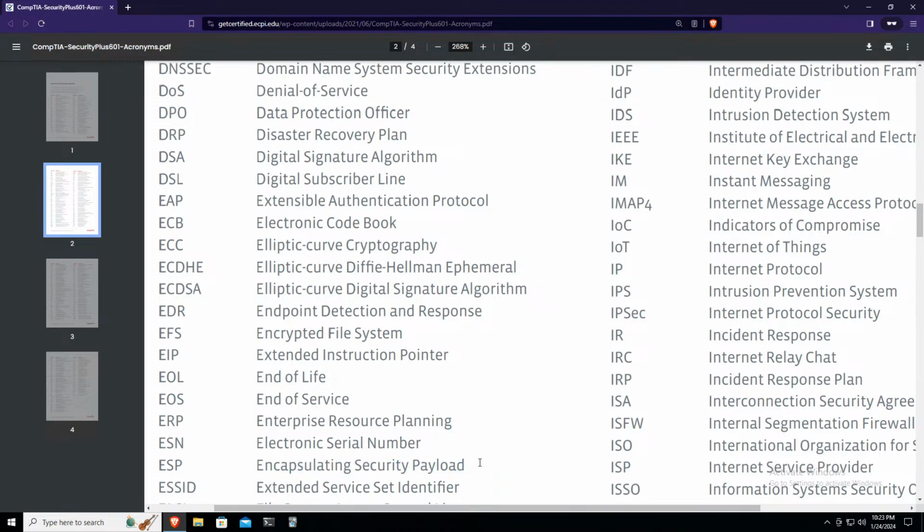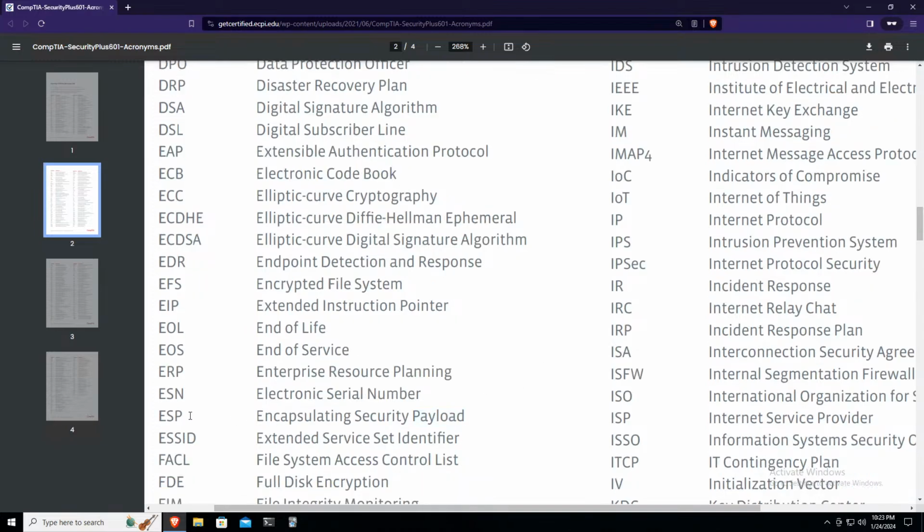Payloads are something that are used in attacks, right? When you're trying to exploit a certain system. Don't have a good definition for that one though.